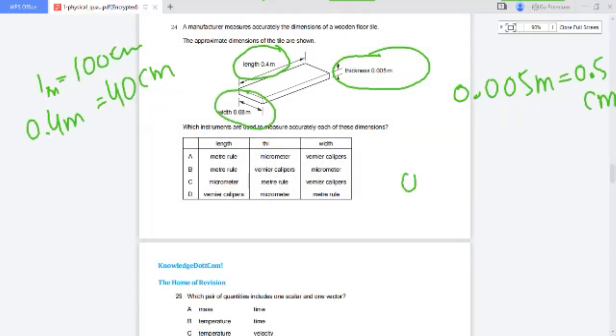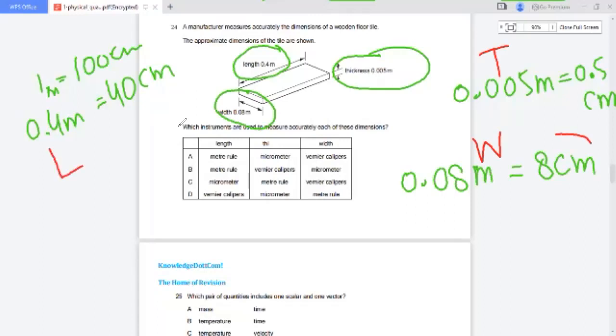Width is 0.08 meters, which is approximately 8 centimeters. So this is our width, this is thickness, this is length. Length is in centimeters, which is approximately half of a meter. So the best option is meter rule.